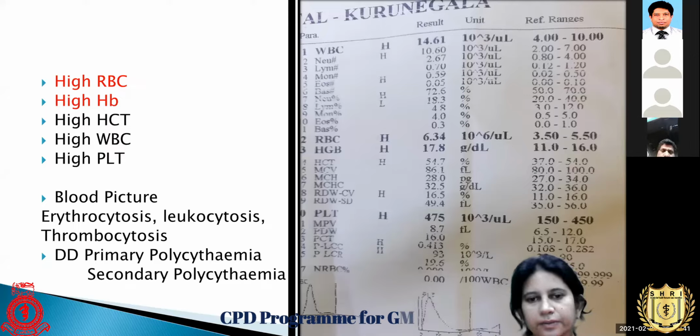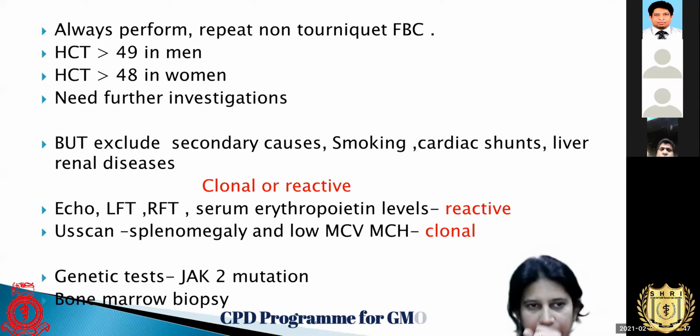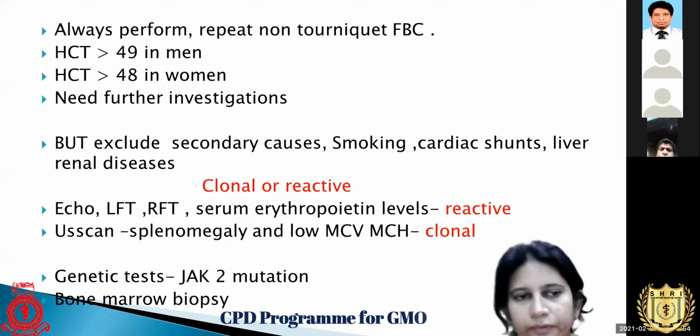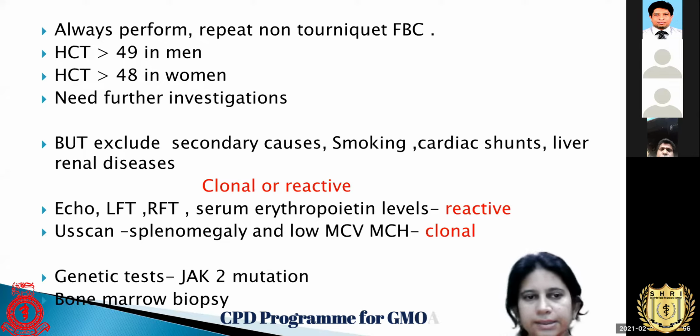So always, when you see a report like this, you have to perform a non-tourniquet full blood count. If that is also high, then you have to investigate, as I said earlier, hematocrit more than 49 in males and 48 for females.